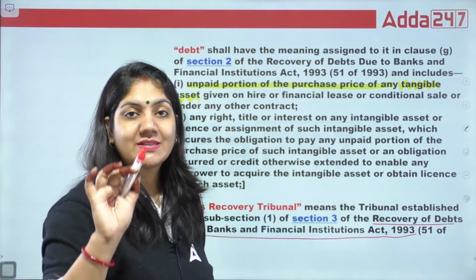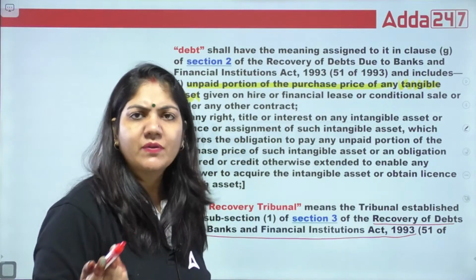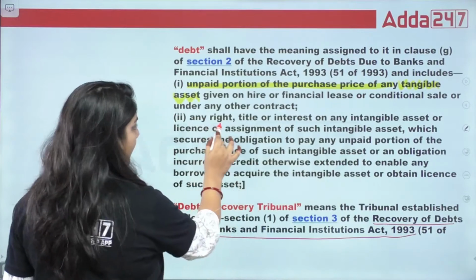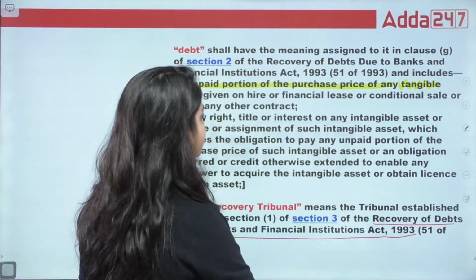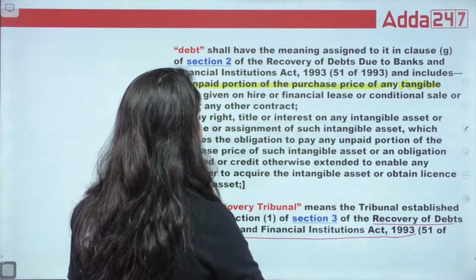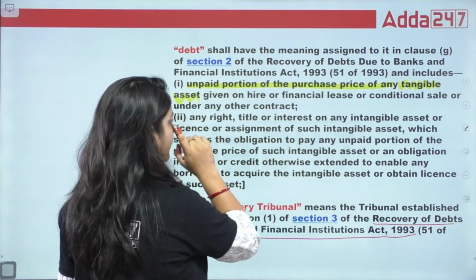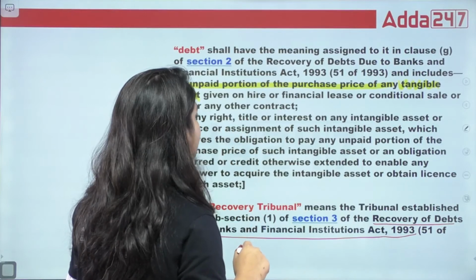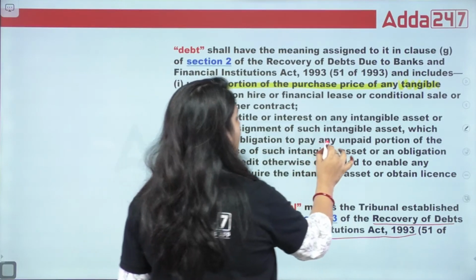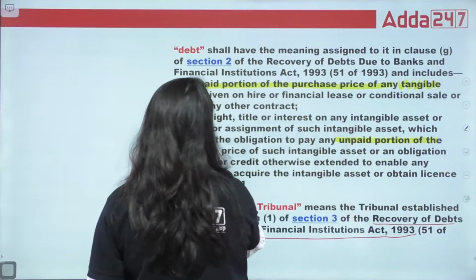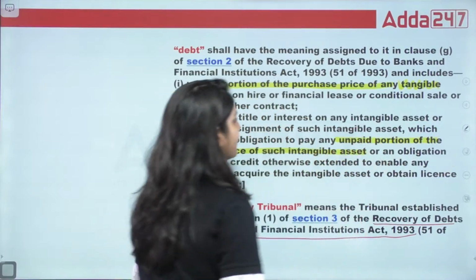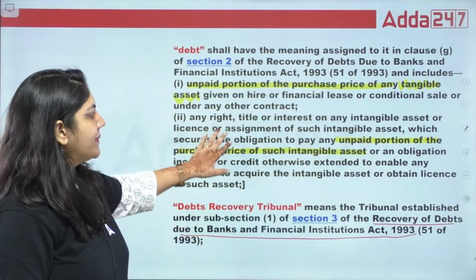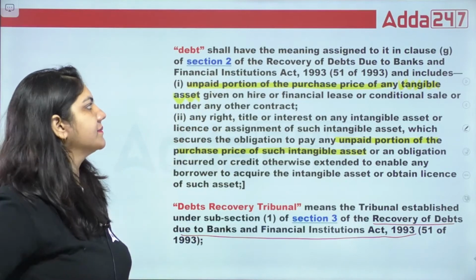The asset which we can see, which we can touch, that is a movable one. Or any right, title, interest in any intangible asset which secures the obligation to pay the unpaid portion of the purchase price of the intangible asset. So if these things happen, this is called debt.